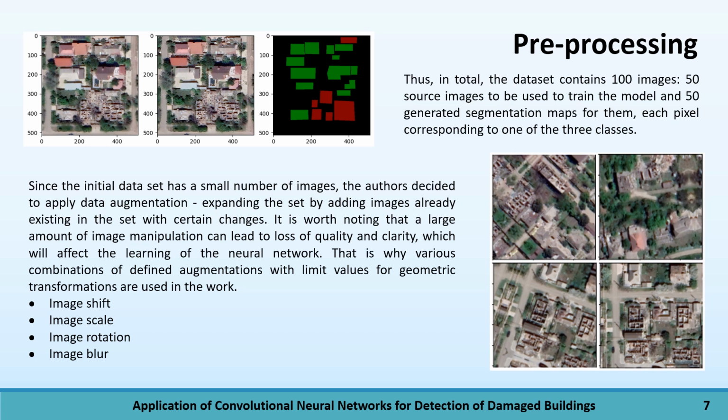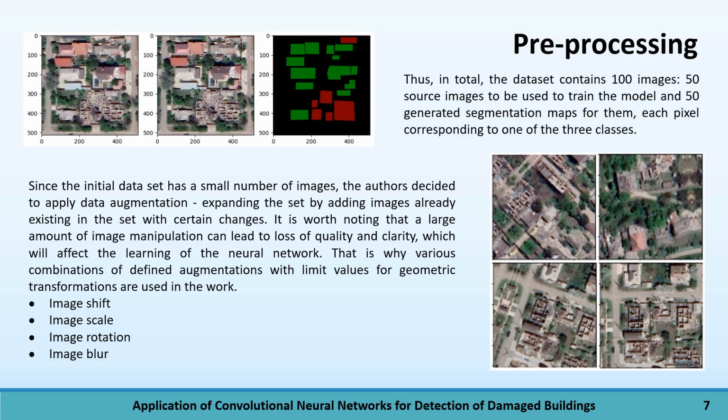Since the initial dataset has a small number of images, the author decided to apply data augmentation, expanding the set by adding images already existing in the set with certain changes. For example, the figure on the left shows several augmentations.